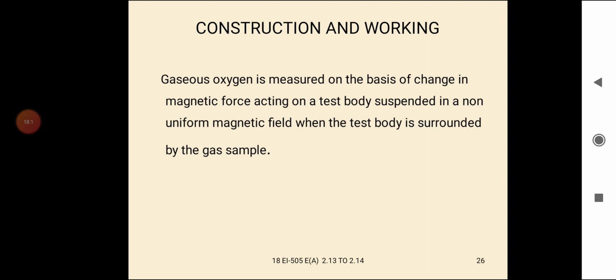Construction and working: gaseous oxygen is measured on the basis of change in magnetic force acting on a test body suspended in a non-uniform magnetic field, when the test body is surrounded by the gas sample.